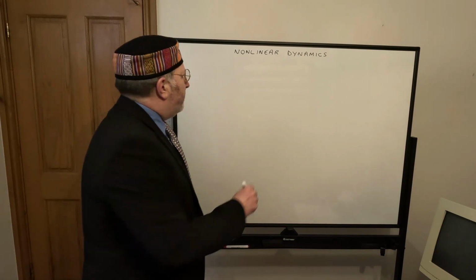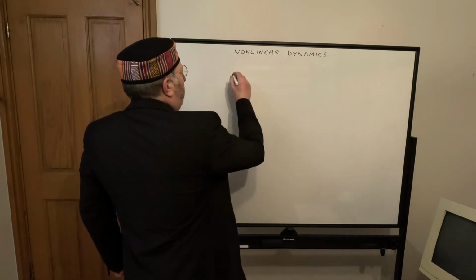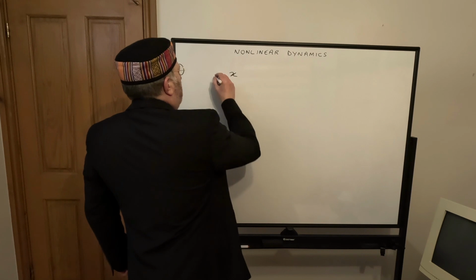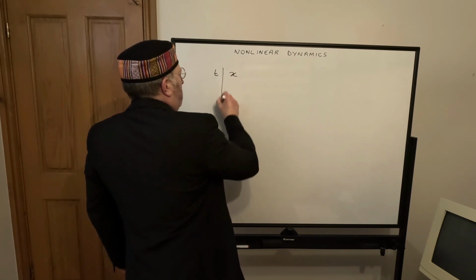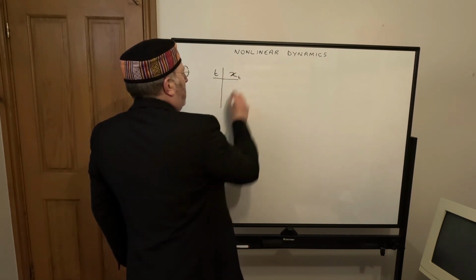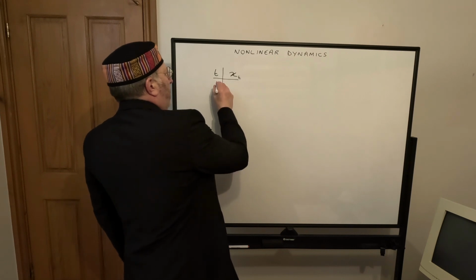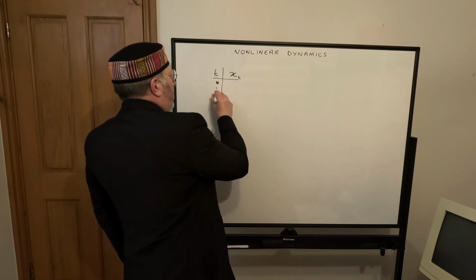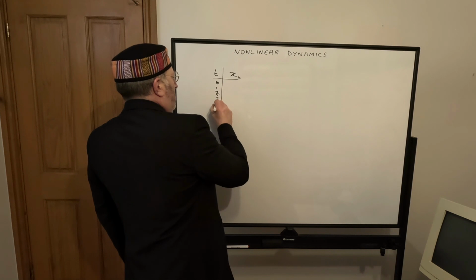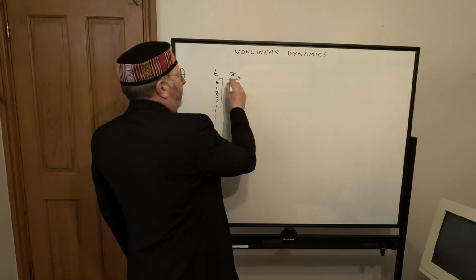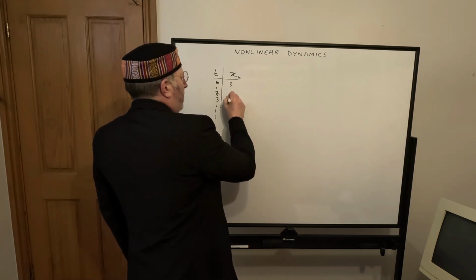So if we have a time series, let's say at time t, we've got a set of times here, 0, 1, 2, whatever it might be, and we've got a set of values for x, you know, 3 and whatever.